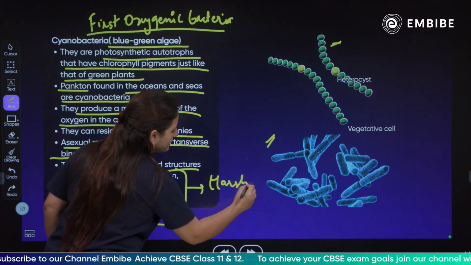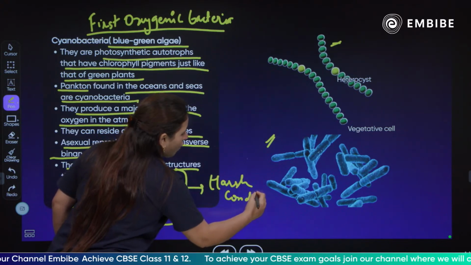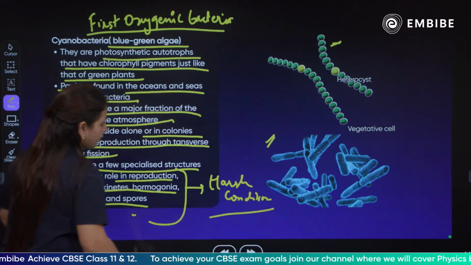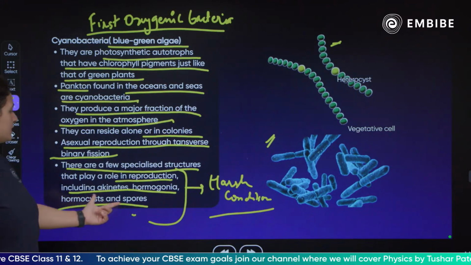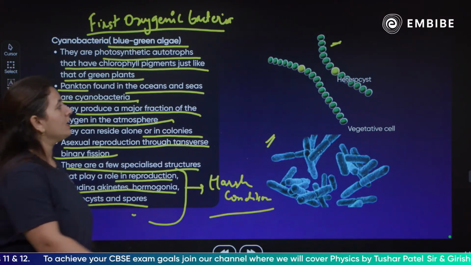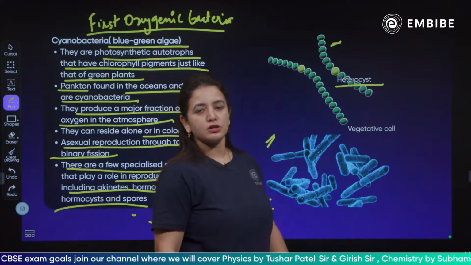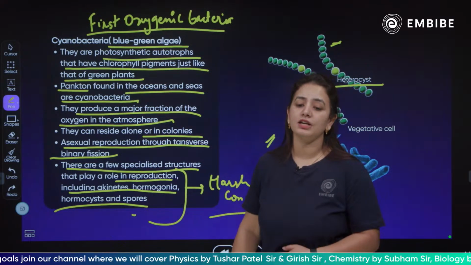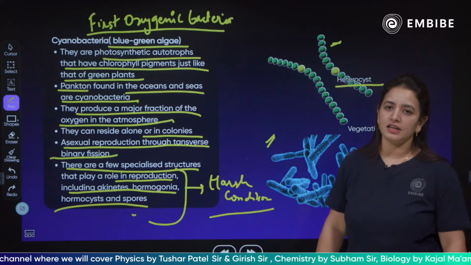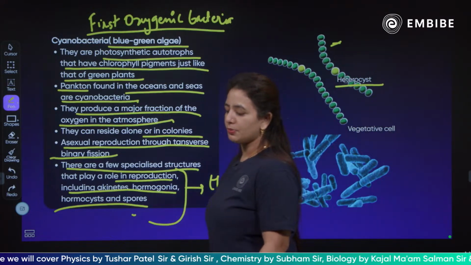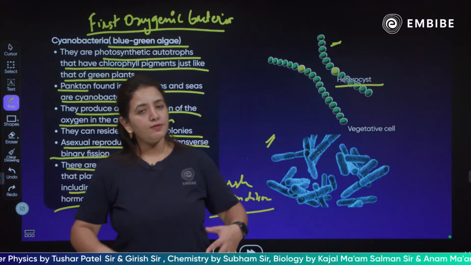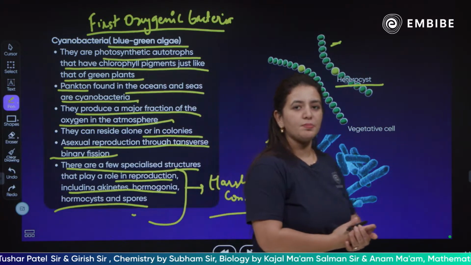It means these are alternative forms of reproduction through akinetes, hormocysts and spores. Heterocysts too are only a method of asexual reproduction, especially in harsh conditions. Whenever there is a harsh condition, it will help in the reproduction of cyanobacteria.